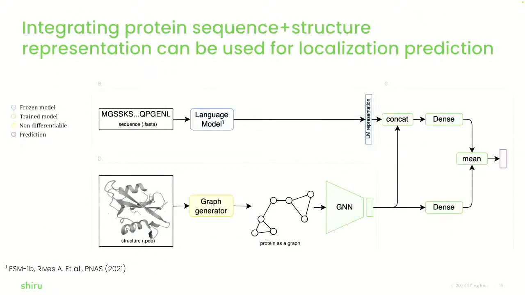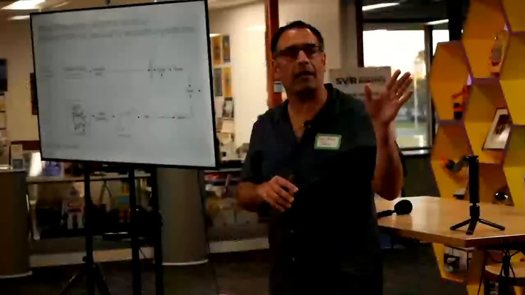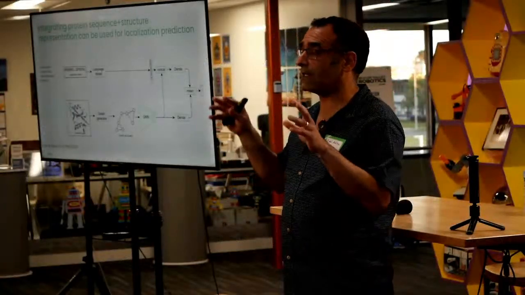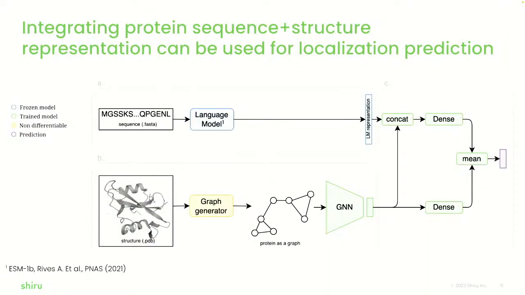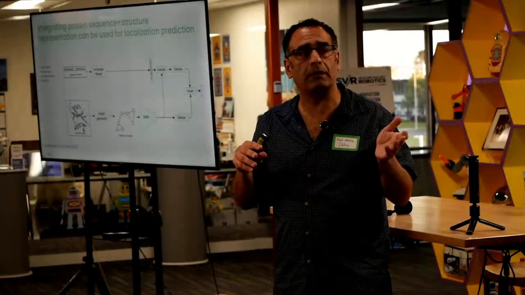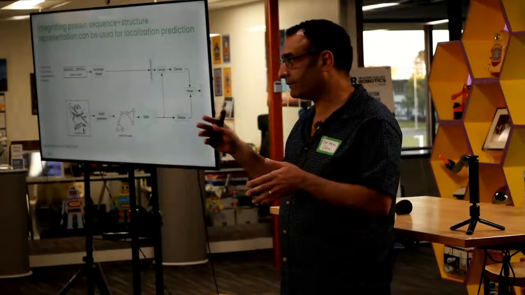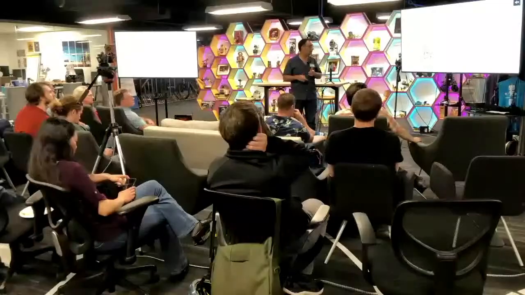I will not expand a lot on this model, the details are in the paper, but essentially, in broad strokes, we assembled both the protein language model that represents the protein and also the structural information to come up with a model that can be trained on 24,000 proteins with known localization and also tested.